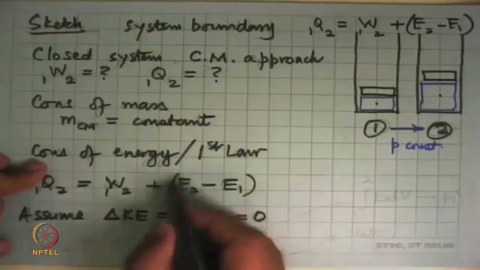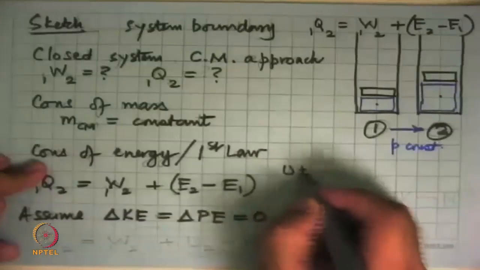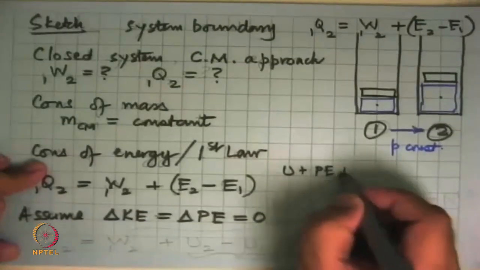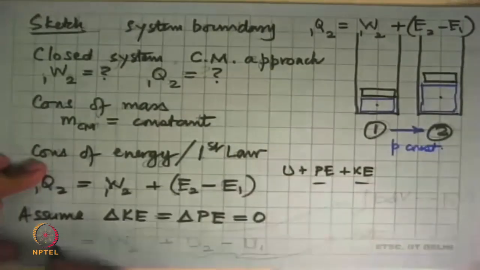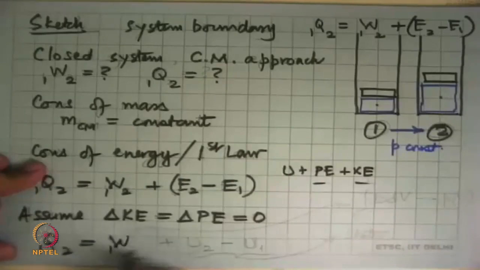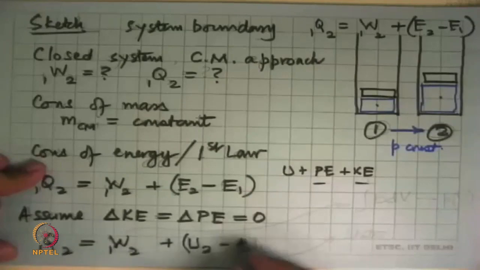Which means that this E, which was U plus PE plus KE, these two terms will drop out, and we now get Q12 is equal to W12 plus U2 minus U1.